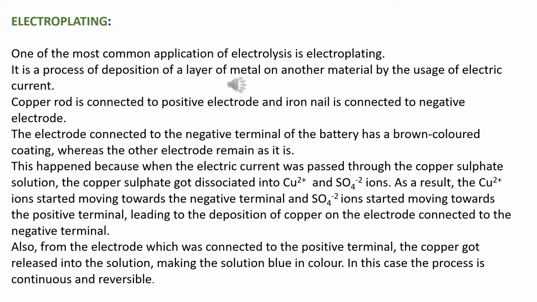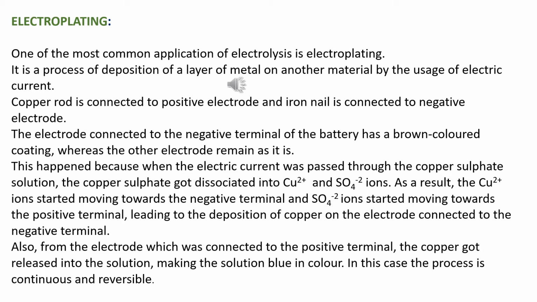When the electric current starts flowing, what will happen? The electrode connected to the negative terminal of the battery, the iron nail, has a brown color coating, whereas the other electrode, the copper rod, remains as it is.